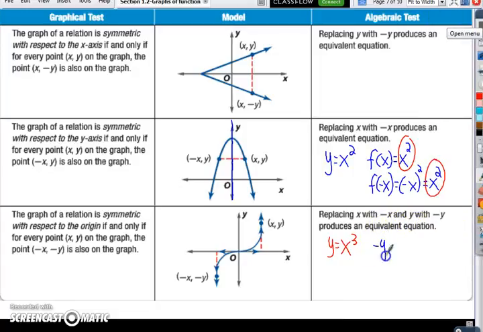So I have negative y equals negative x to the third. Cube a negative, it's still negative. Both the negatives here would cancel. And lo and behold, look what I have in front of us. An equivalent relation there. That's why the graph of y equals x cubed is symmetric about the origin. Y equals x squared is symmetric about the y-axis.